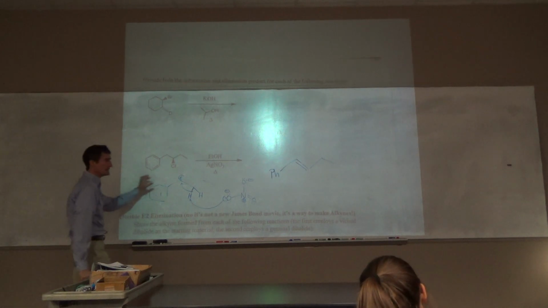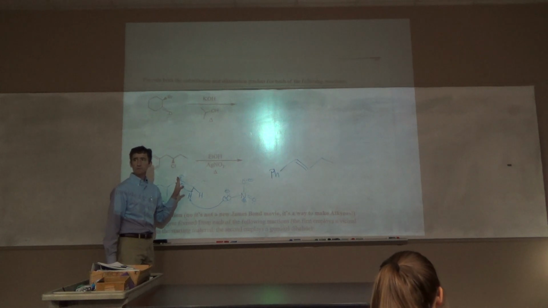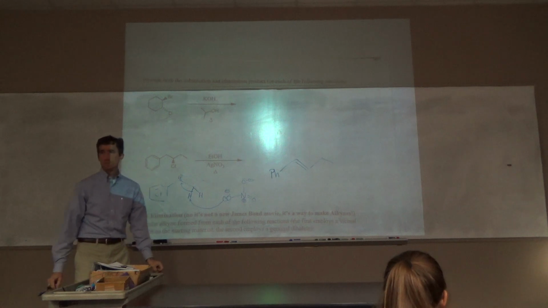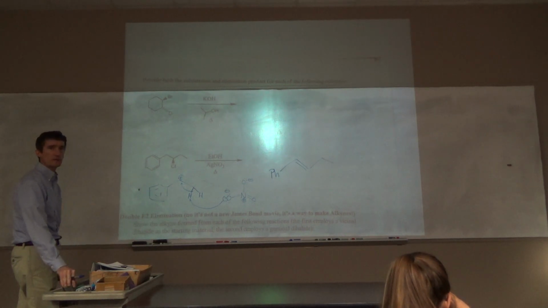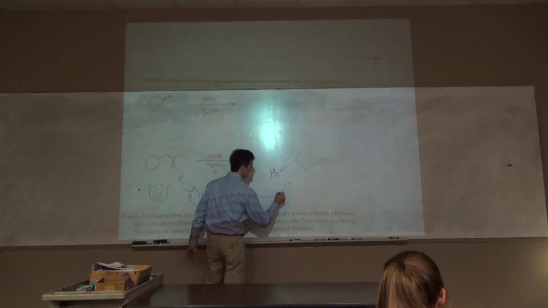But this is the exact same mechanism we showed on the first page of this. You got the handout on the first page? You've got this mechanism there. We did the same thing. On the very first page, didn't we have a carbocation? And we did a fast beta elimination?